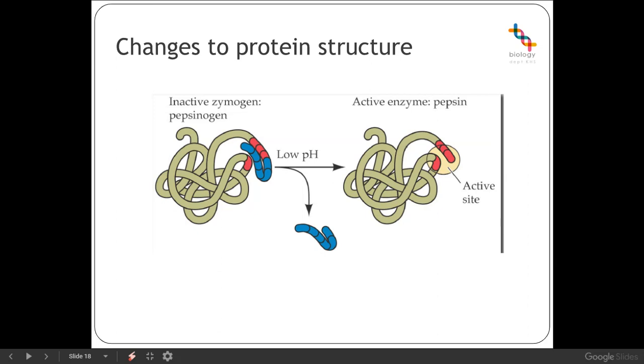So when it comes into contact with the hydrochloric acid in the stomach, it's activated, so the interactions between these sections here are influenced, and we lose this section of the polypeptide. So this is our lost bit. It's going to drop off, and that gives us our active enzyme pepsin. So therefore it's able to break down proteins which have been eaten and help to digest those.